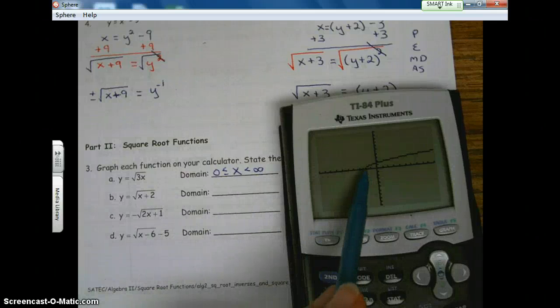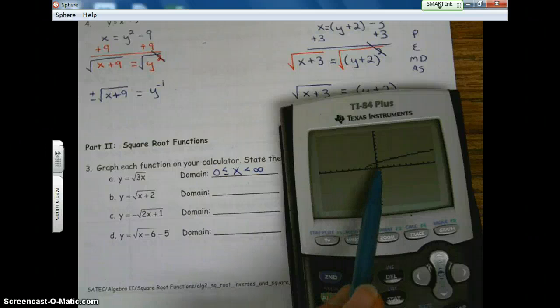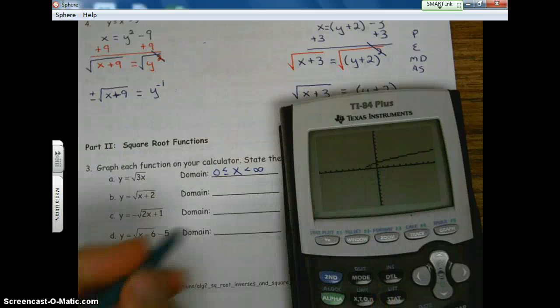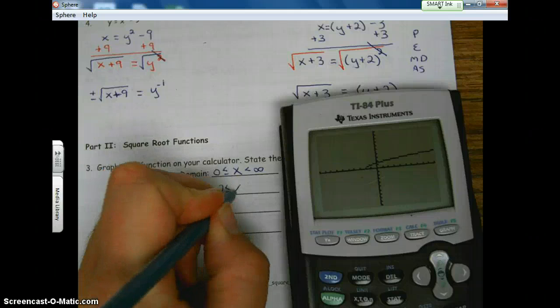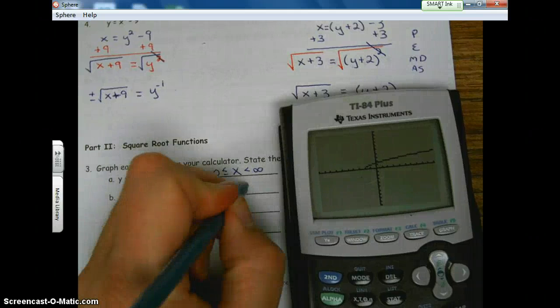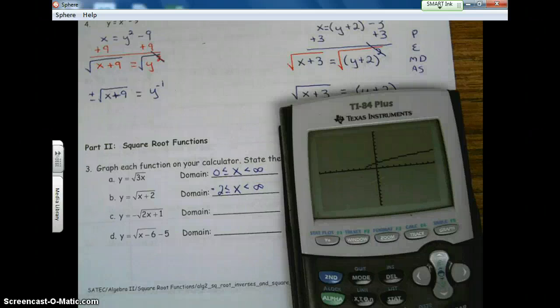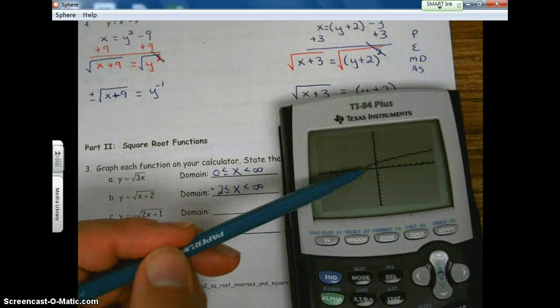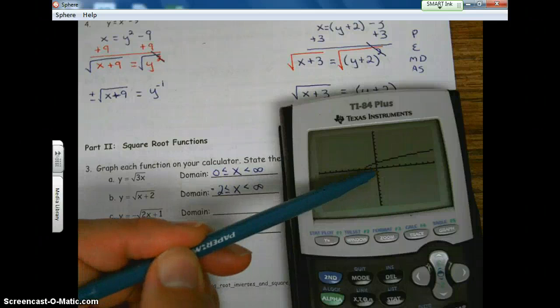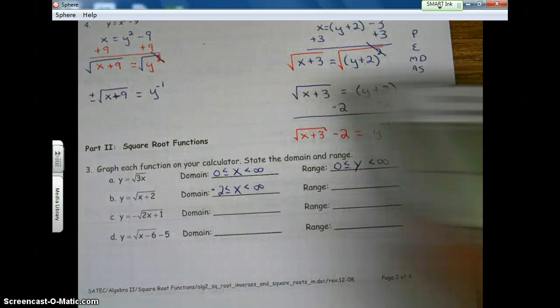The left value is changing because the parent starts at 0 and goes to infinity. So this one got moved 2 units to the left. So this one's going to start at -2. And it's going to go to infinity. Whereas the range still starts at 0 on the y and goes up infinitely.